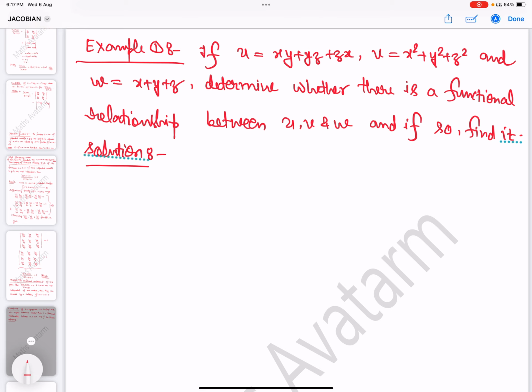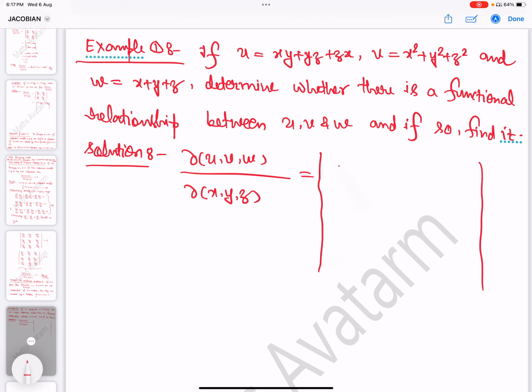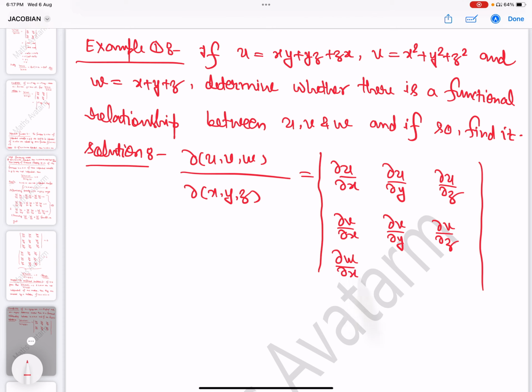Let's calculate the Jacobian: del u upon del x, del u upon del y, del u upon del z, del v upon del x, del v upon del y, del v upon del z, del w upon del x, del w upon del y, del w upon del z.